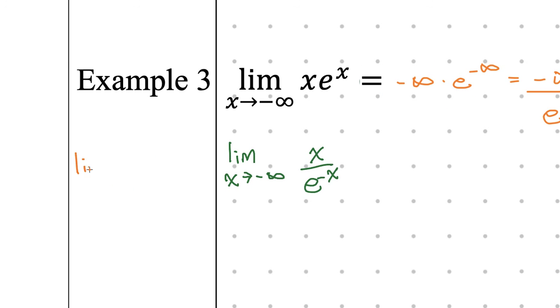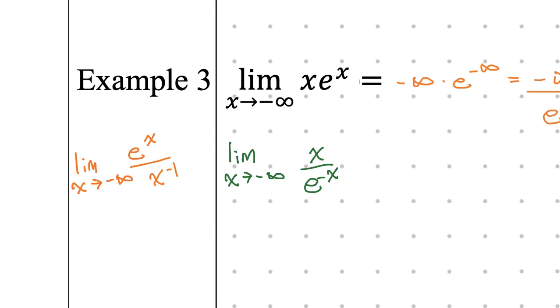If you did the limit as x approaches negative infinity of e to the x over x to the negative 1, when I take the derivative of x to the negative 1, it turns into negative x to the negative 2, which then turns into 2x to the negative 3, and this never goes away. So this is another way of writing it, but it doesn't work out. You can try the math, it doesn't work. This one does work out.